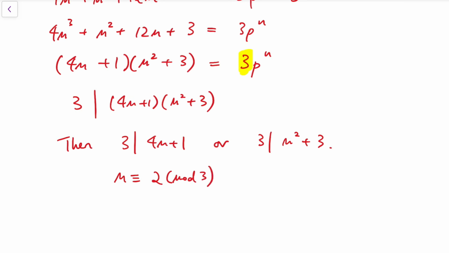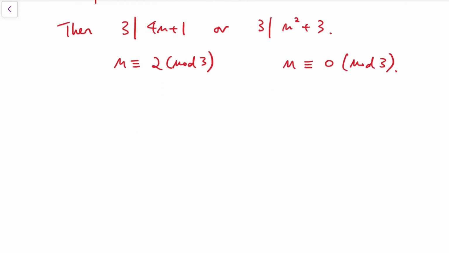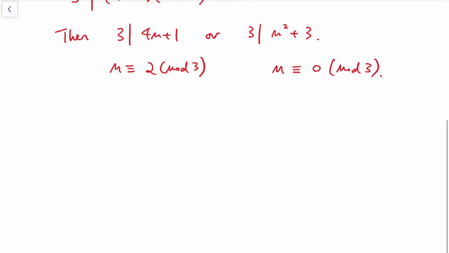For the first case, we can quickly say that m is congruent to 2 mod 3, while for the other case, we know that m squared also has to be a multiple of 3. That means m itself is a multiple of 3.